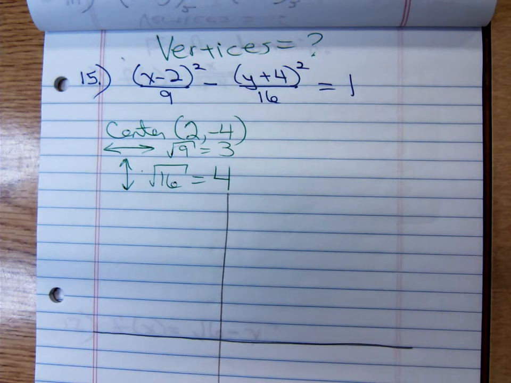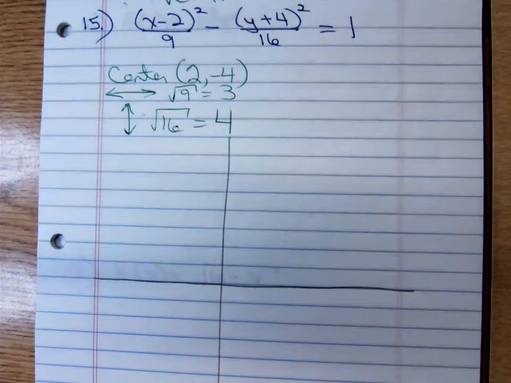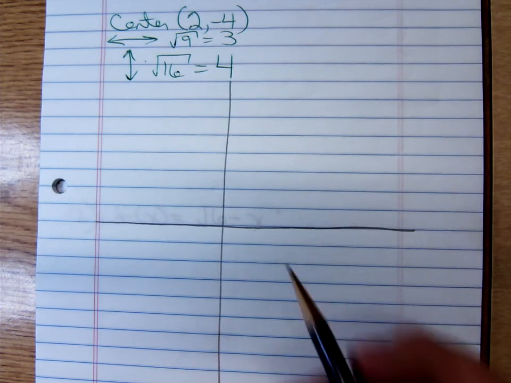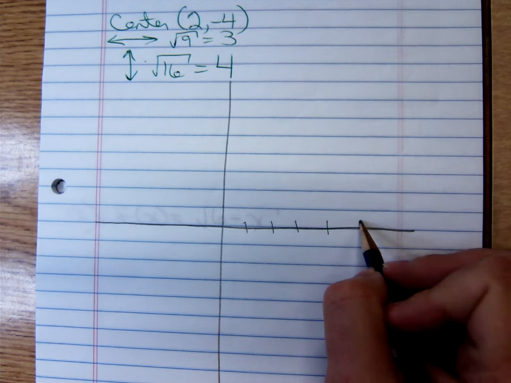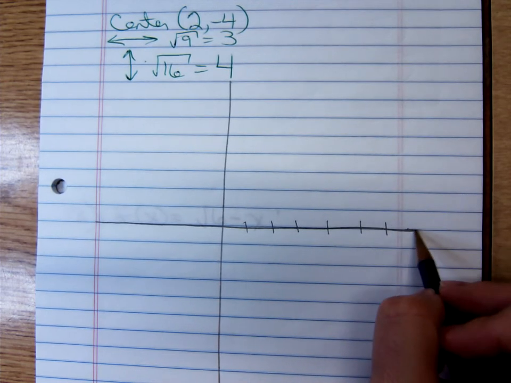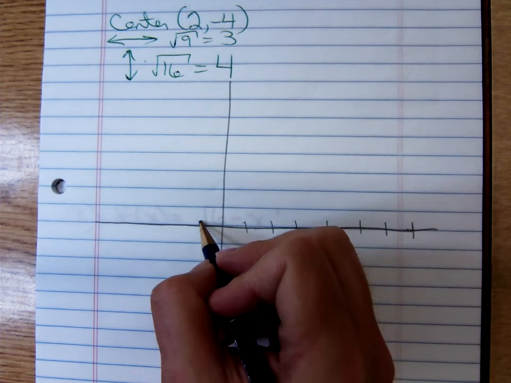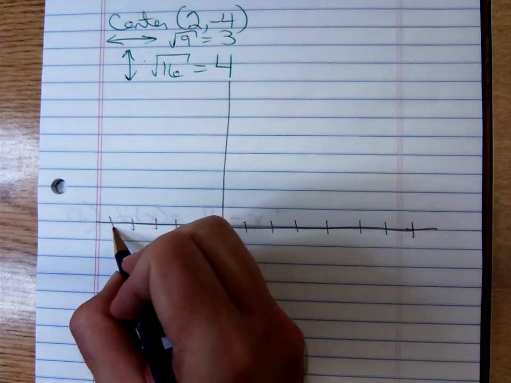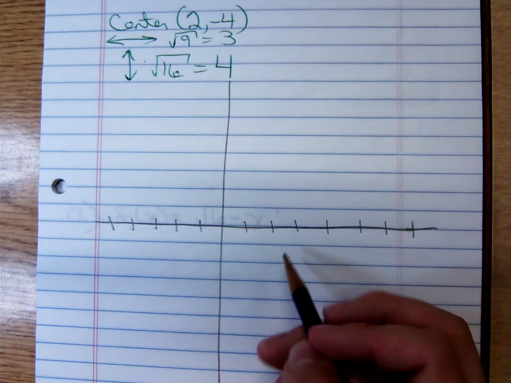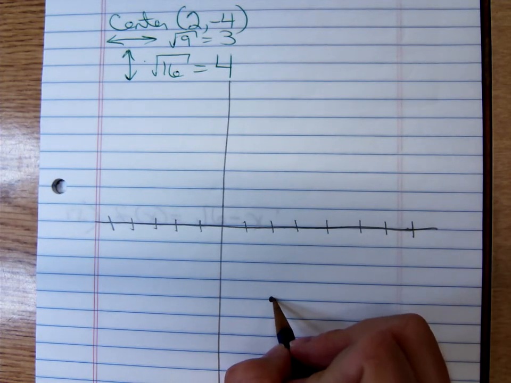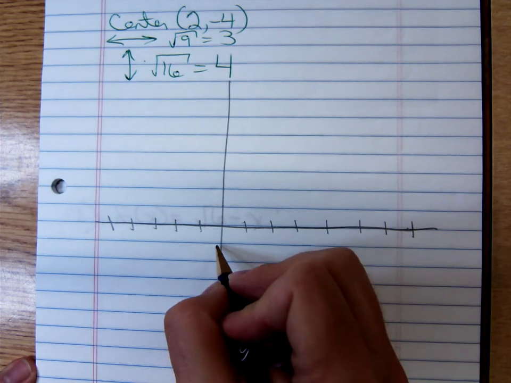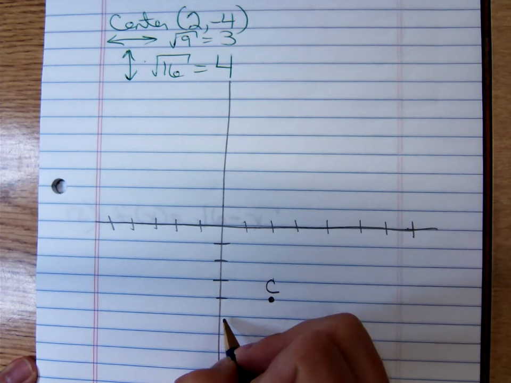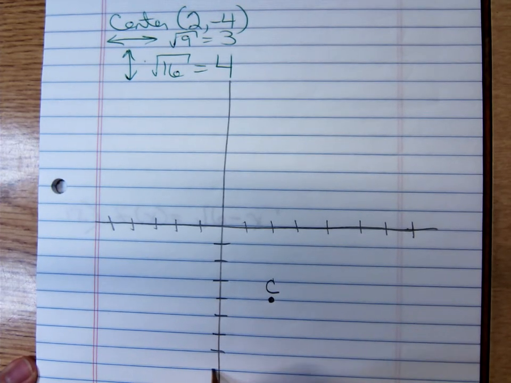And let's see, the center is at 2, negative 4. So right 2, down 4. There's my center. I realize I'm just using the little lines as my grid marks.